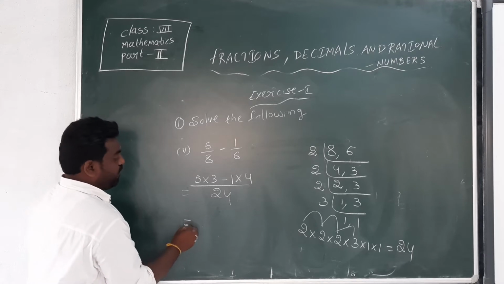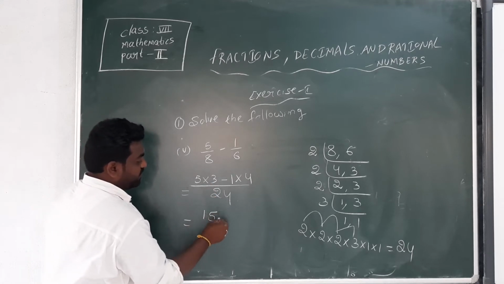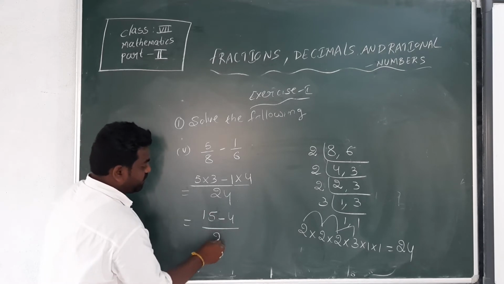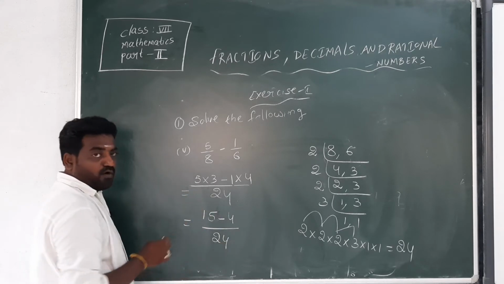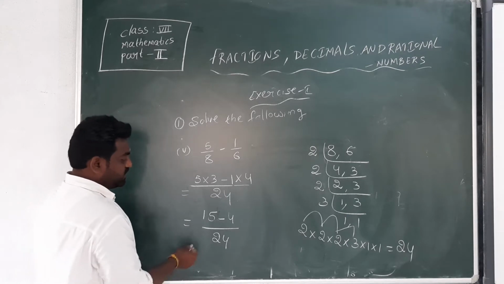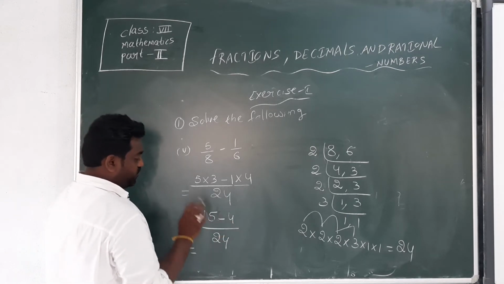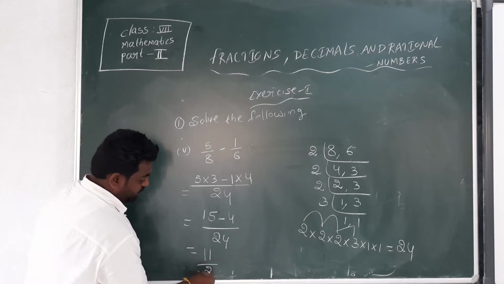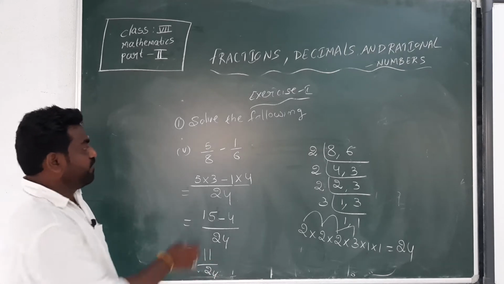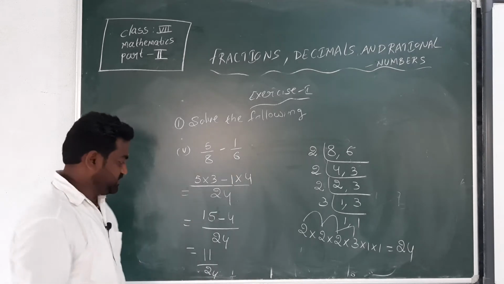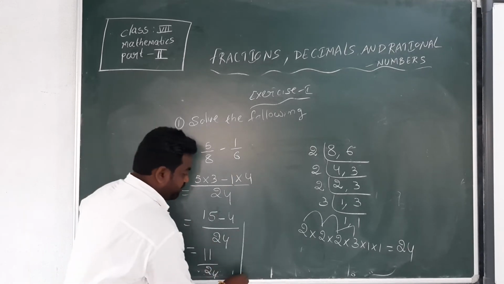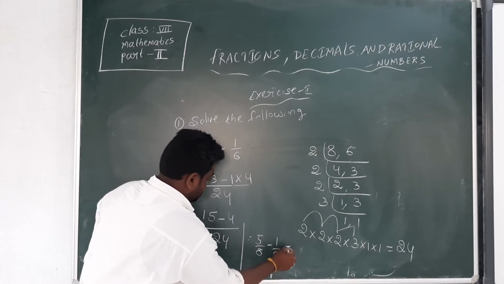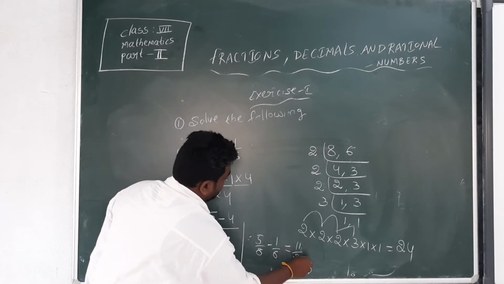That is 5 threes are 15 minus 1 four is 4, divided by 24. 15 minus 4 is 11. 11 by 24. Therefore, 5 by 8 minus 1 by 6 is equal to 11 by 24.